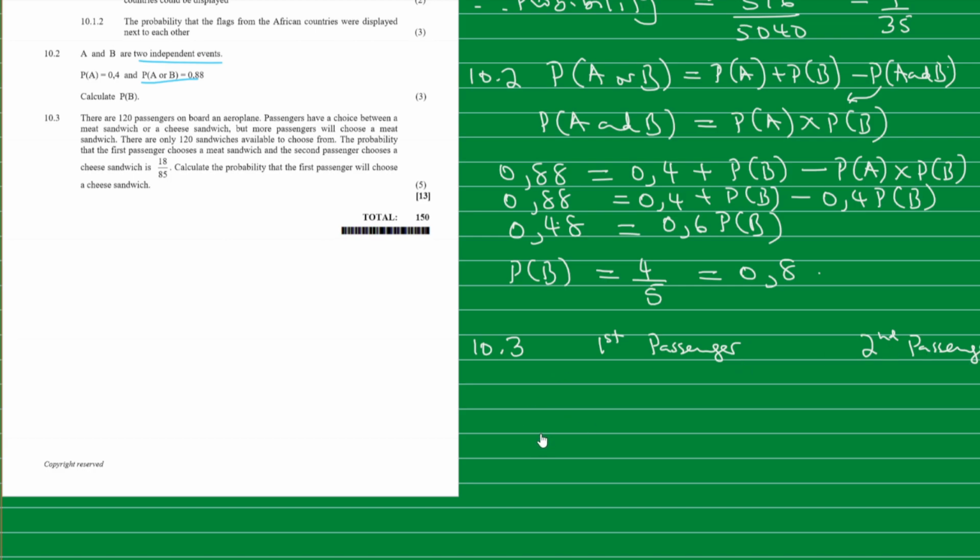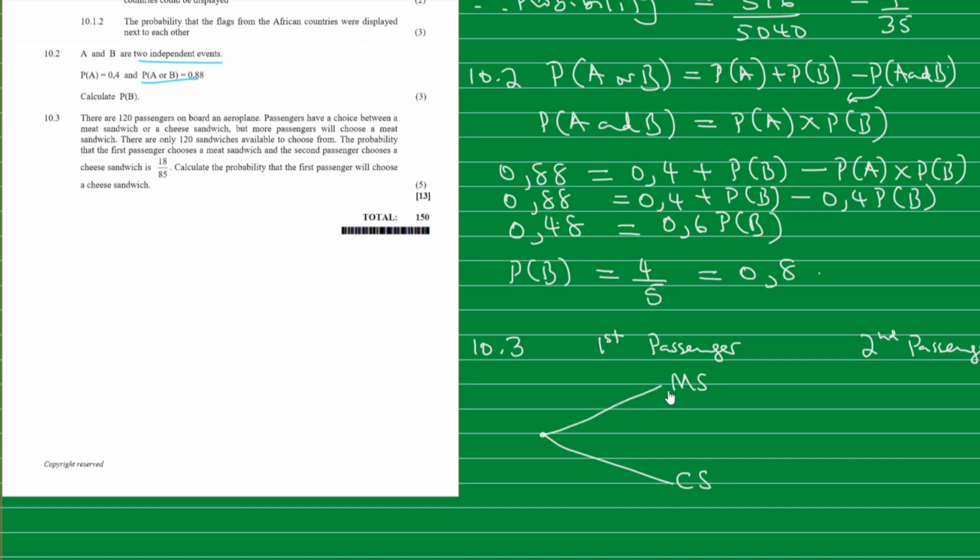Now we have two options here. The first passenger can choose a meat sandwich or a cheese sandwich. Let's call that one MS for meat sandwich, and this one CS for cheese sandwich.